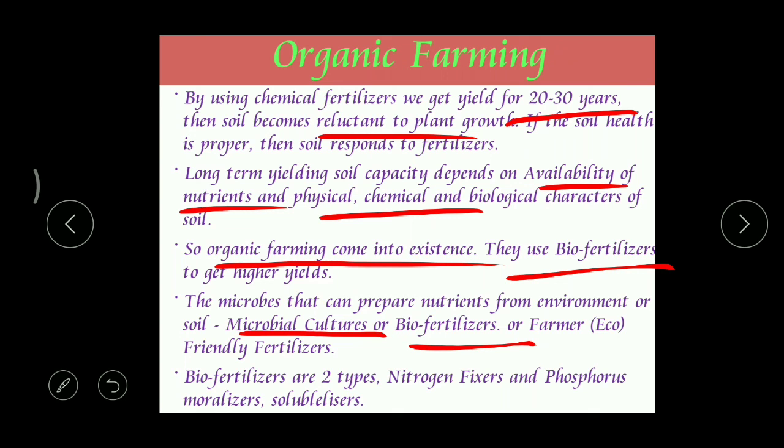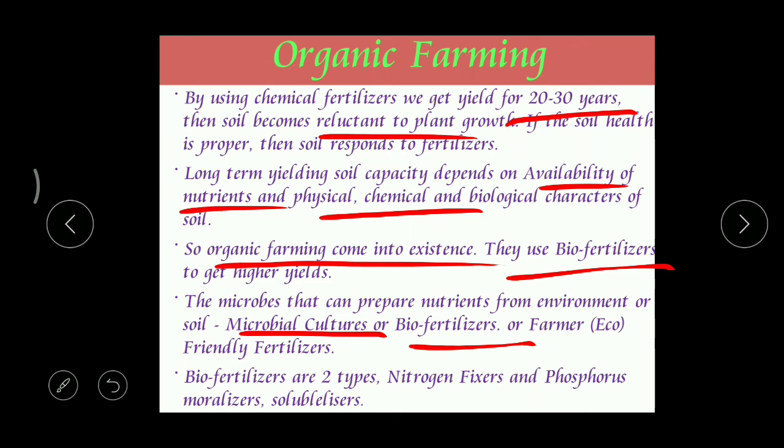Eco-friendly means these fertilizers do not harm the soil, air, atmosphere, or water. They're completely harmless, that's why we can call them eco-friendly fertilizers, right?